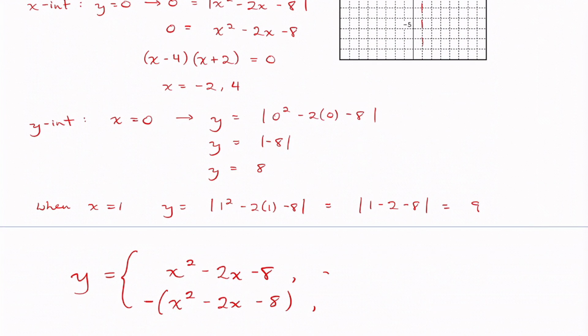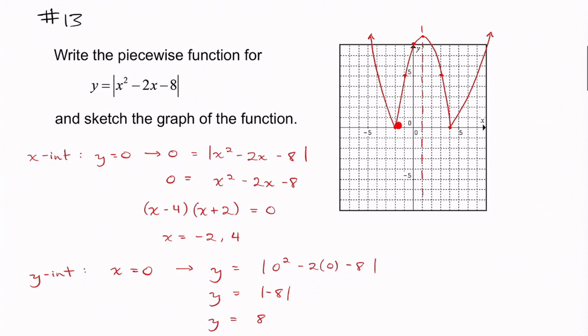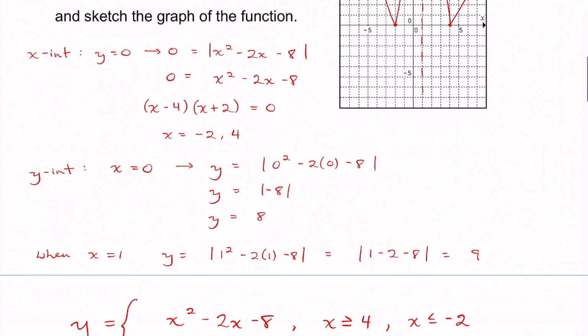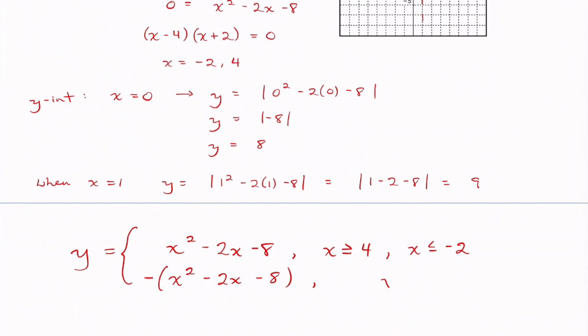This part has a negative, so if you brought the negative in, we have a negative in front of the x squared, which means it's a parabola pointing down. The parabola that points down goes from -2 up to 4. So we write down here x goes from -2 to 4. And remember, if these ones have equal signs, then these ones can't.